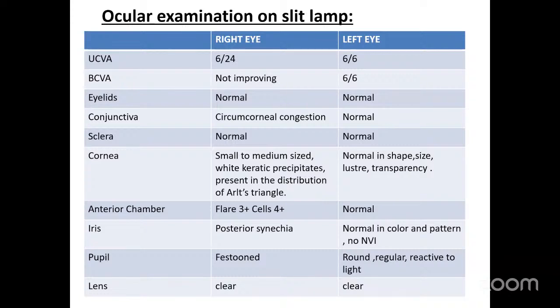Ma'am, on fluorescein angiography, they will leak. No, we are just doing clinical examination. You are an ophthalmologist in a primary center. You may not have FFA. Just based on your clinical skill, I want to know what is your diagnosis.